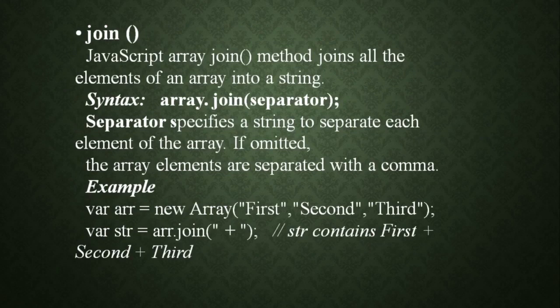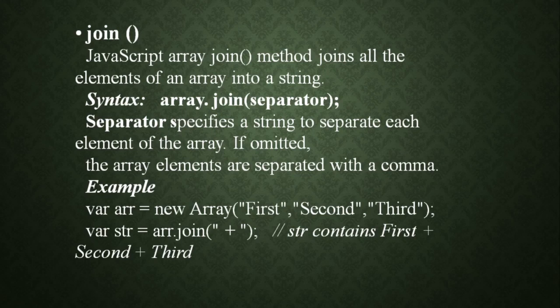The next method is join. The join method joins all the elements of an array into a string. The syntax is array.join(separator). The separator specifies the string to separate each element of the array.